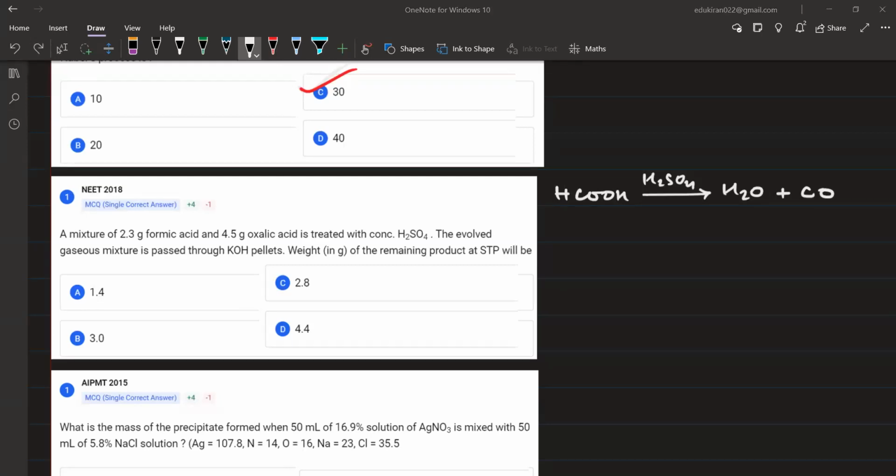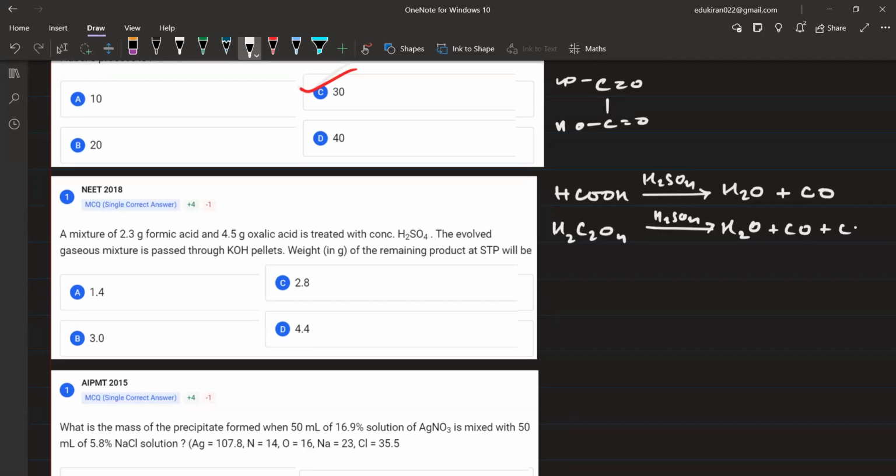In oxalic acid you have H2C2O4, that is C double bond O, OH, C double bond O, OH. With H2SO4, it is going to give you water, and also carbon monoxide and carbon dioxide.